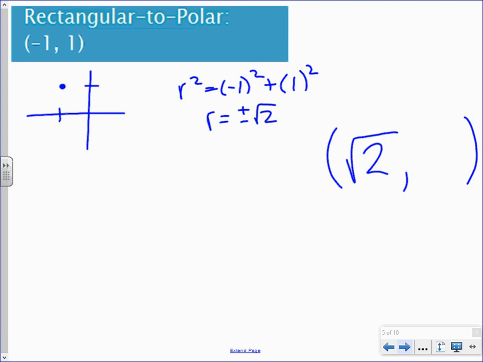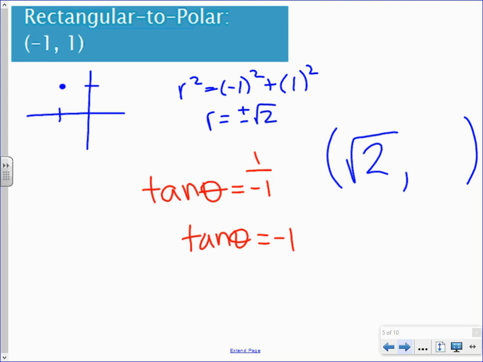If we're going to find theta, we talked about how the tangent of theta is y over x. So we have the tangent of theta is -1. That's a special tangent ratio. And we know that we are in the second quadrant.